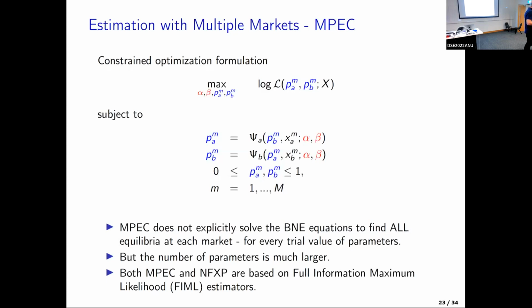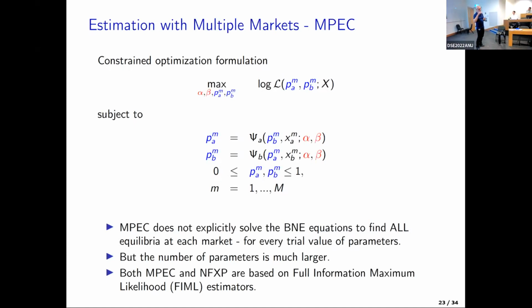There is going to be one for each of the different markets, because we're going to have more parameters in the constrained optimization problem, and then you just have to impose the Bayesian-Nash equilibrium equations for each of the different markets. The benefit here is that MPEC does not explicitly solve the Bayesian-Nash equilibrium equations to find all the equilibria at each market for every trial value of the parameters.